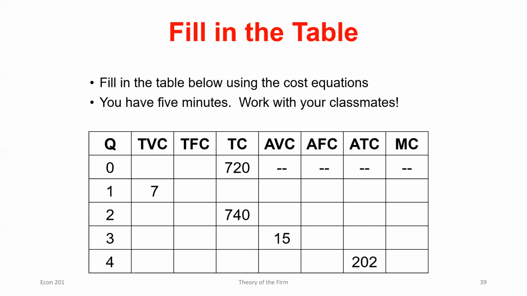With a little bit of algebra, or it's easy enough to see that total variable cost is going to be 20. Then my average variable cost will be what? Average, I just take the total and divide it by the quantity, so 20 over 2 is 10.